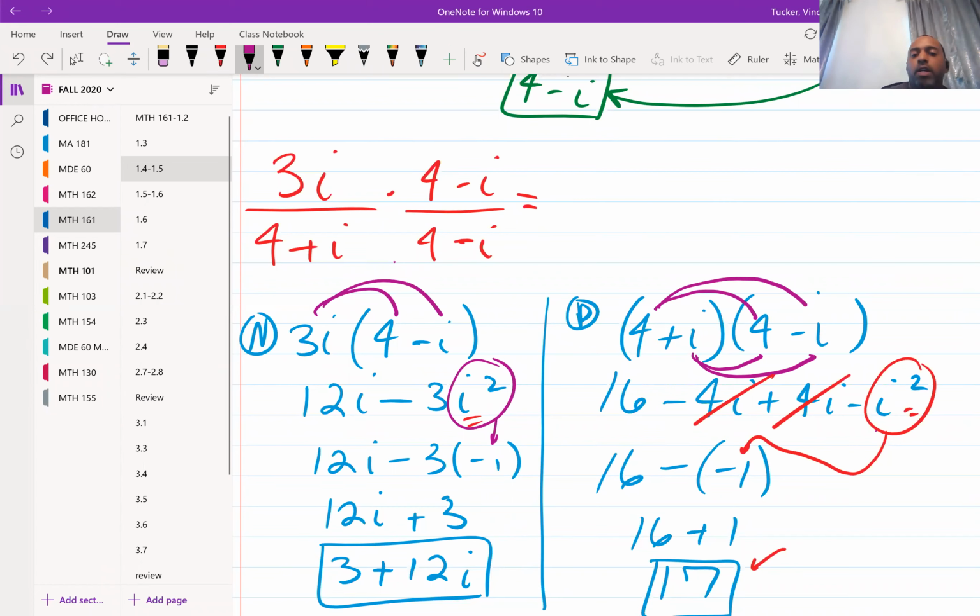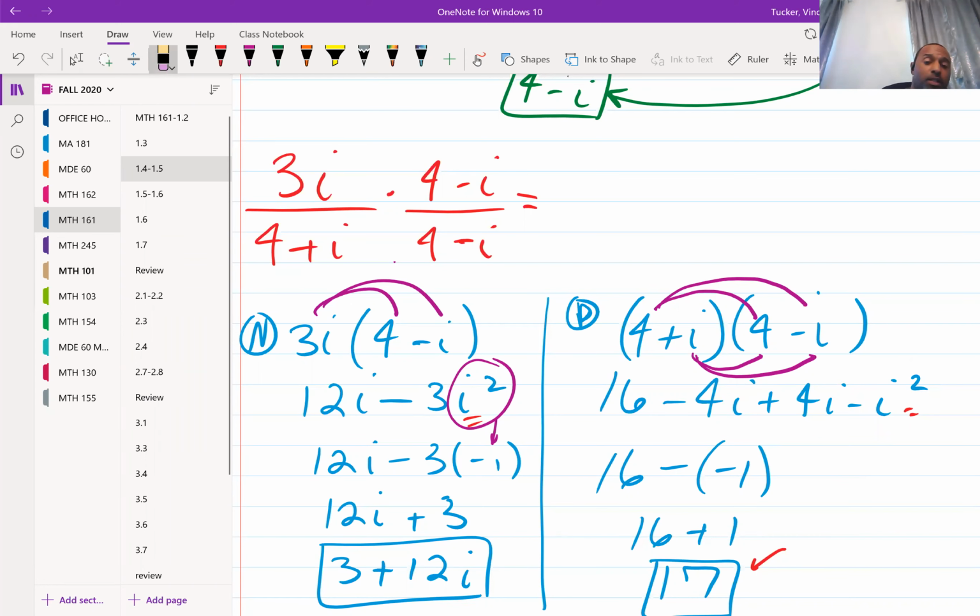All right, so in our denominator over here, we have to do a binomial distribution, 4 plus i times 4 minus i. And so that would be 16 minus 4i plus 4i minus i squared. And you multiply that out. Now, what happens when you multiply complex conjugates is that your middle term should cancel.